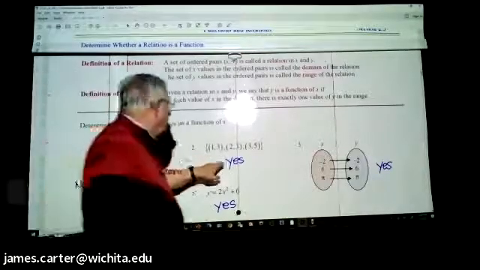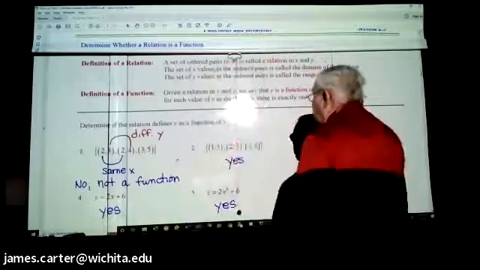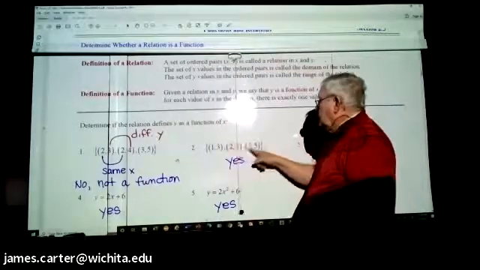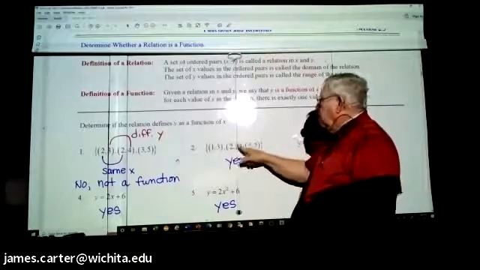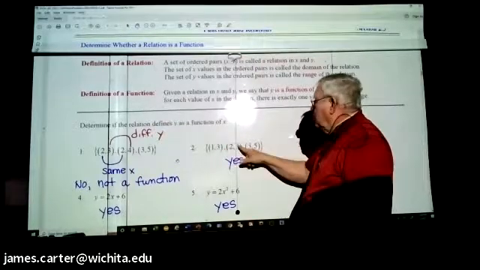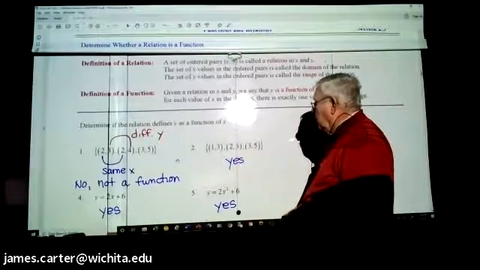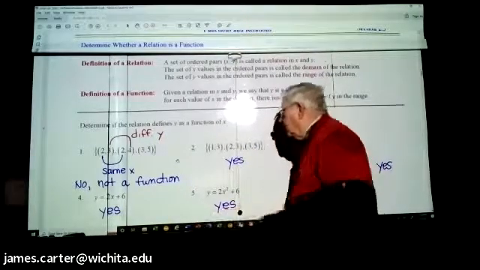Problem number 2. In this case, we have unique x values. Yes, we have the same y value for two x values, but that's okay.